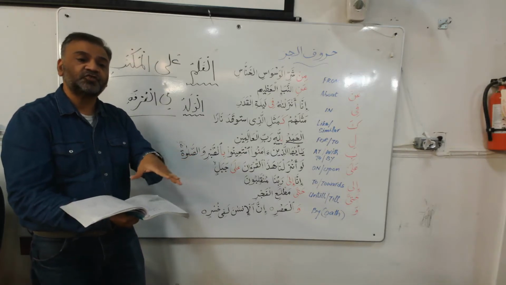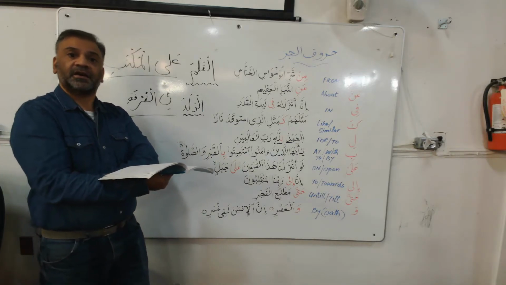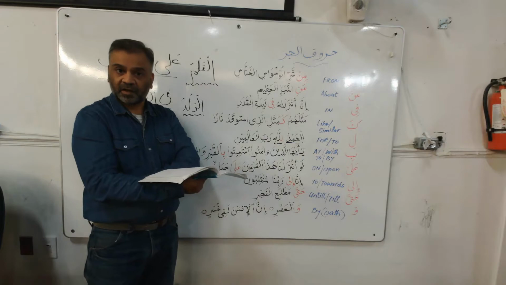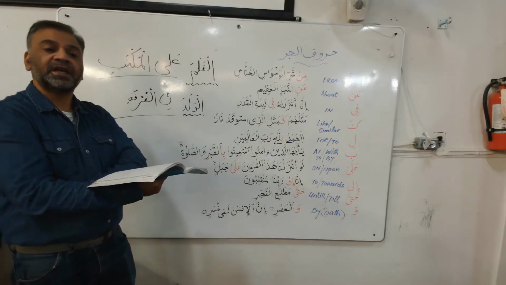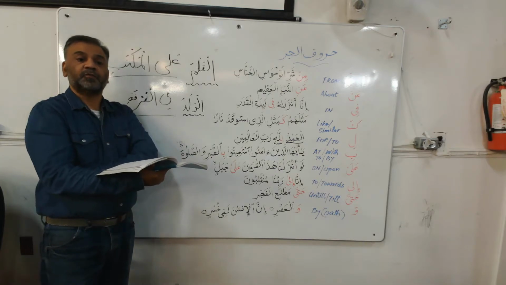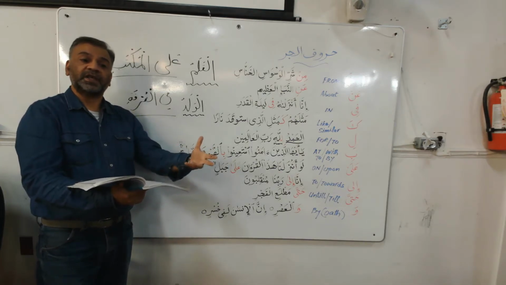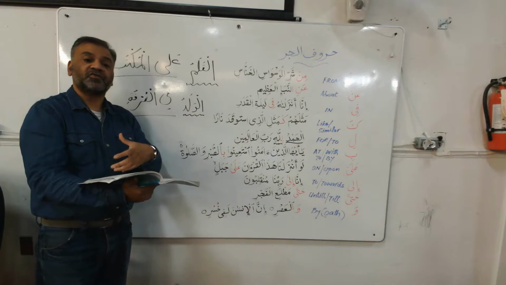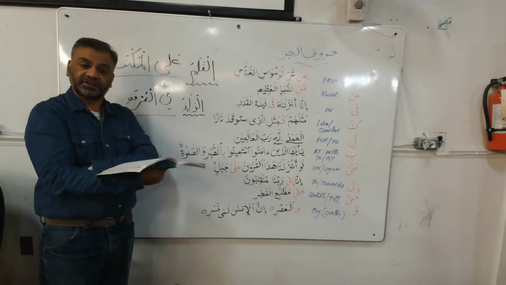This is more like a tajweed concept. This is not a grammatical concept. But I think Dr. Saab is bringing it in because now, going forward, we would be joining the particles with the nouns. And we would come across the moon letters and the sun letters, right?